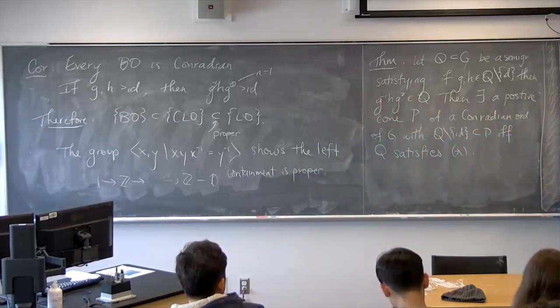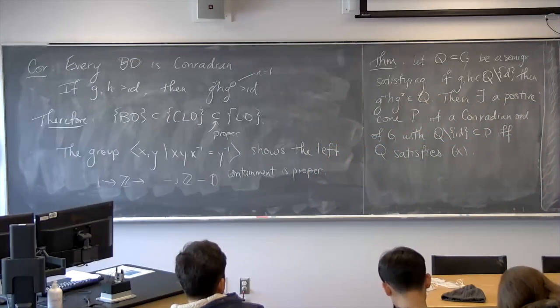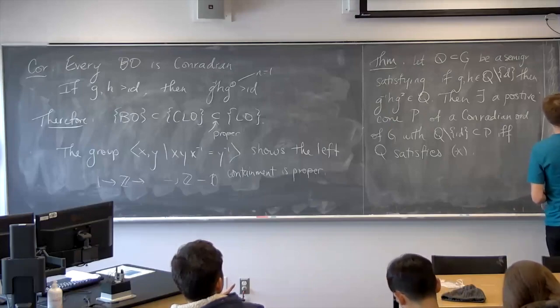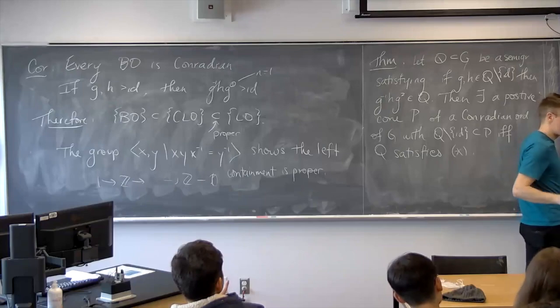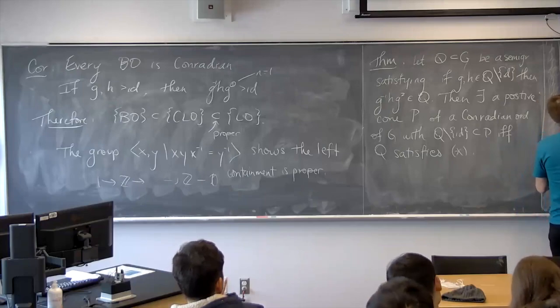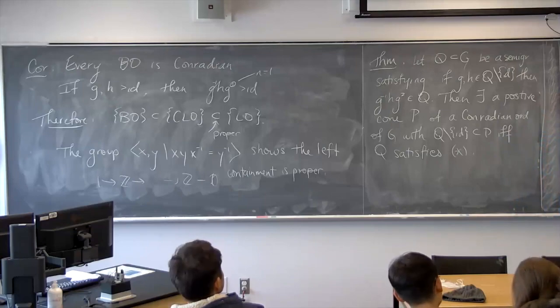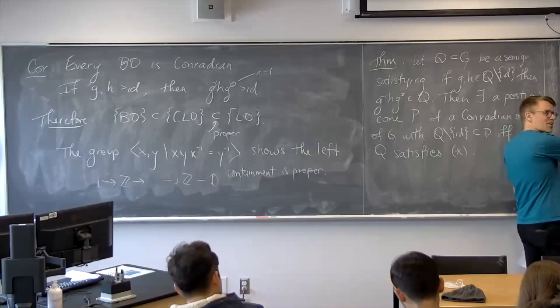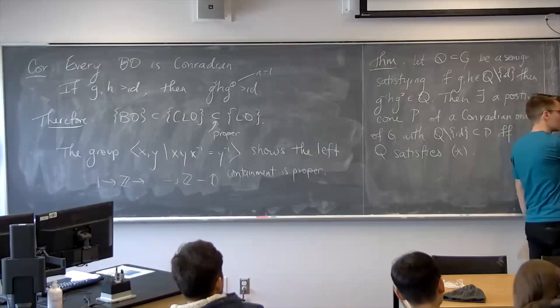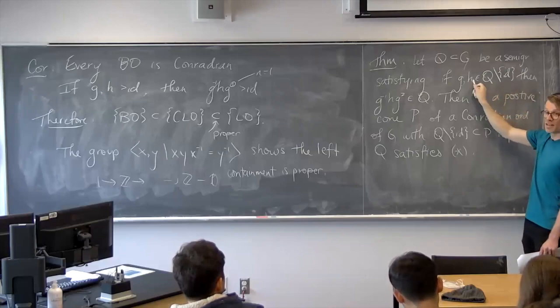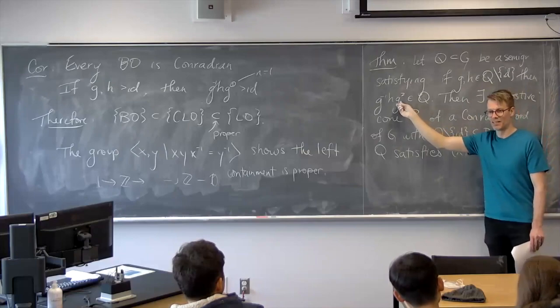Star is: for all finite subsets of non-identity elements, you can choose exponents such that the identity is not in CSG of g_1 to the epsilon_1 and so on. I'm going to write something mysterious and then we have to say what it is. You can probably guess what it is actually.